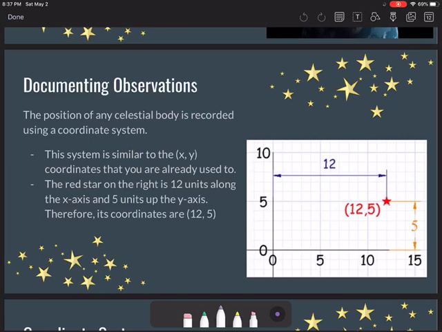For example, if we had a point on a Cartesian plane, where we had this red star, we can read that and write it as the point x comma y. On the x-axis, that's at 12, and on the y-axis, that's at the point 5. So we can record that star at the point 12 comma 5, x comma y.